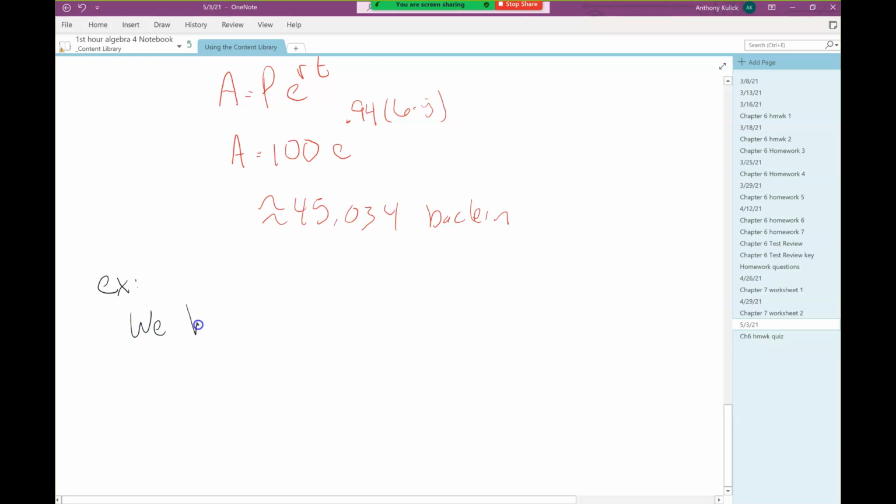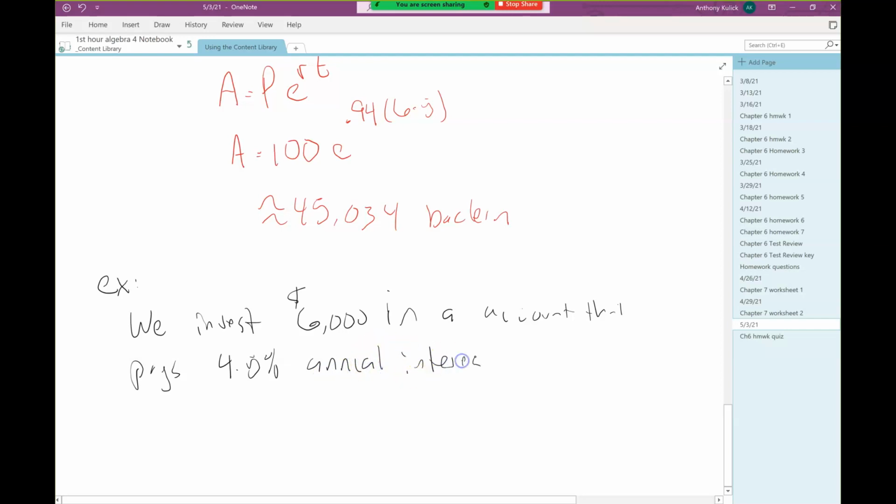Suppose that we've invested $6,000 in an account that pays 4.5% annual interest, compounded continuously. What is the account's value in 5 years?